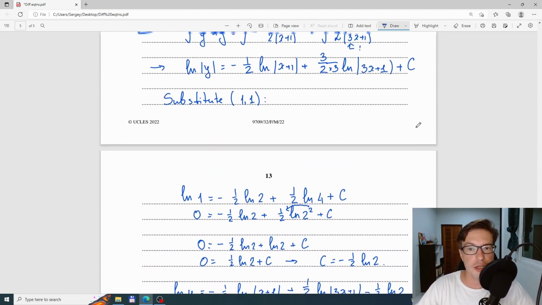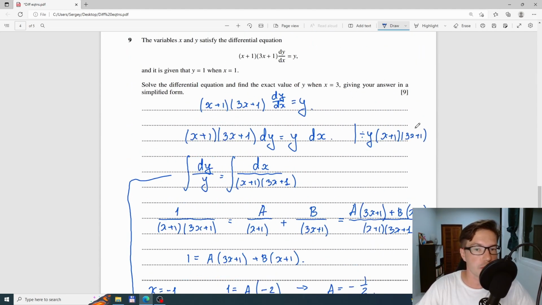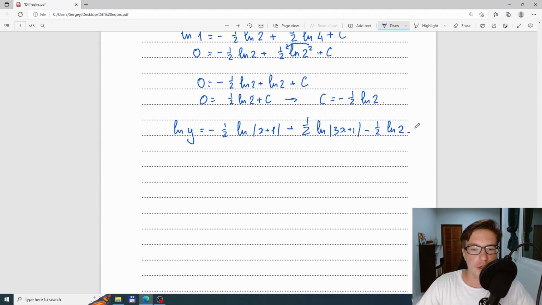Okay, now let's have a look at our original question. What are we supposed to find? Find the exact value of y when x equals 3. Okay, let's substitute x equals 3 and see what we get.